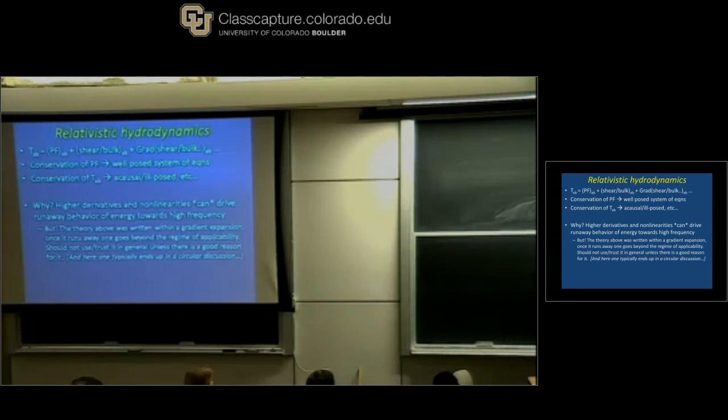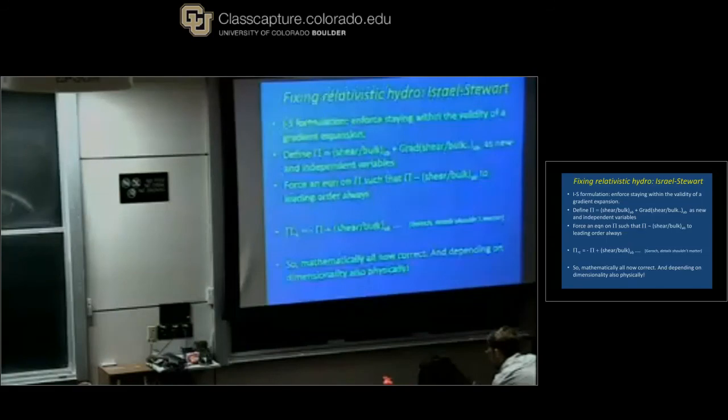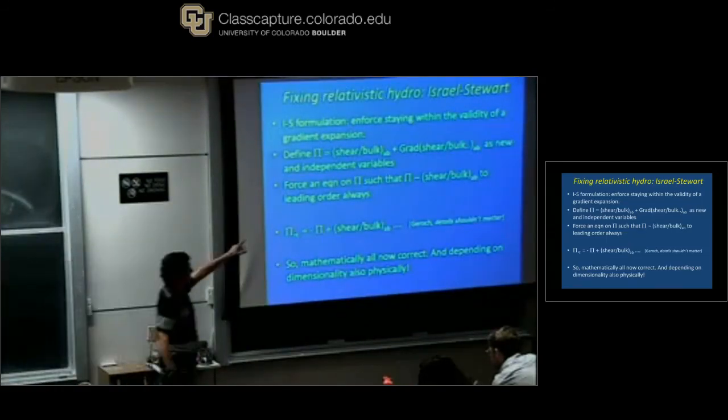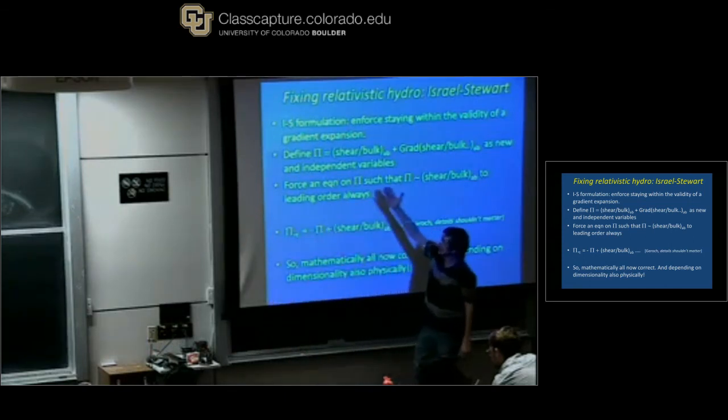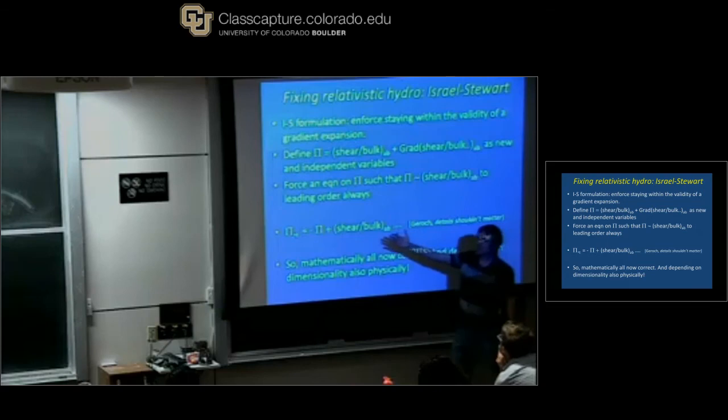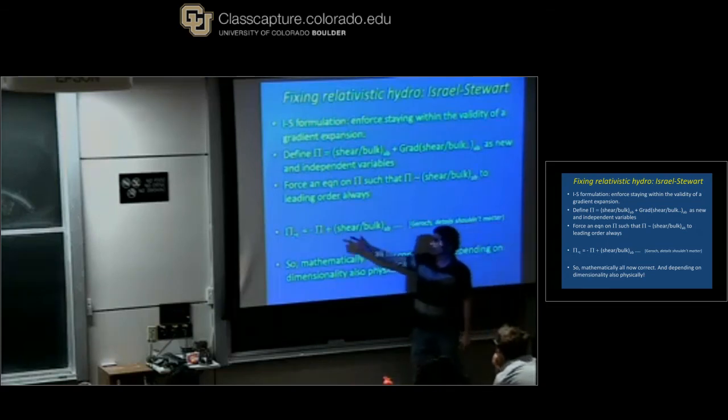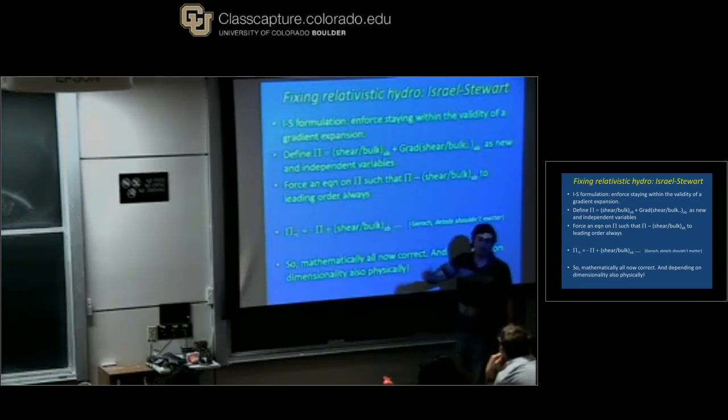But in a brute force way, you say, I'm going to keep those terms small, and it's not difficult to do that. You can define everything else beyond the perfect fluid to be a new tensor, and you impose an equation on that new tensor such that as it evolves, it keeps the extra terms subleading. So now mathematically you're golden. Everything is fine. You have a well-posed theory, or you can define well-posed problems with this theory.